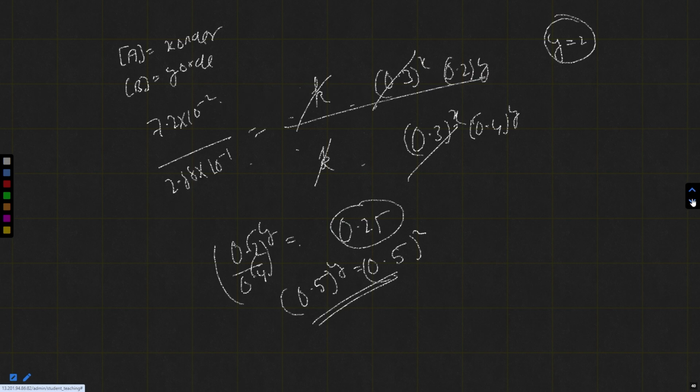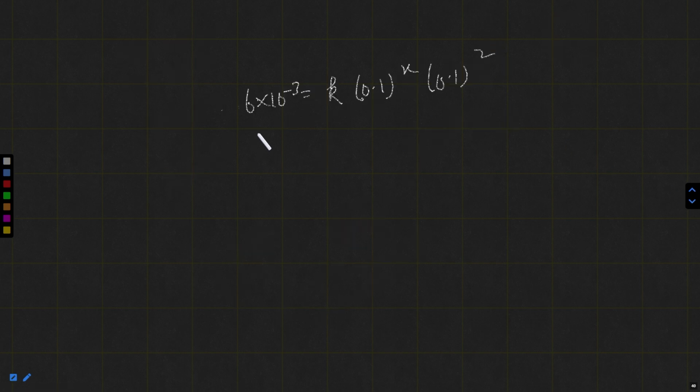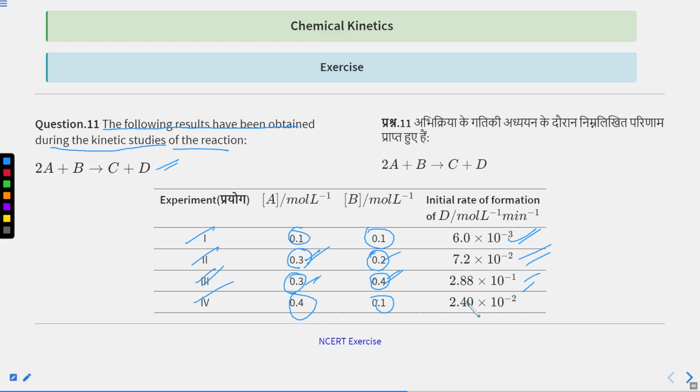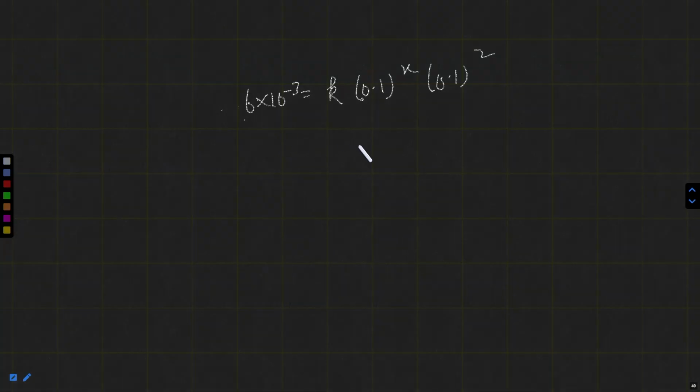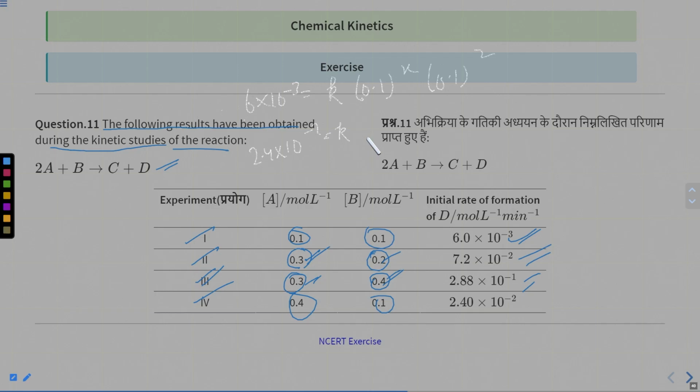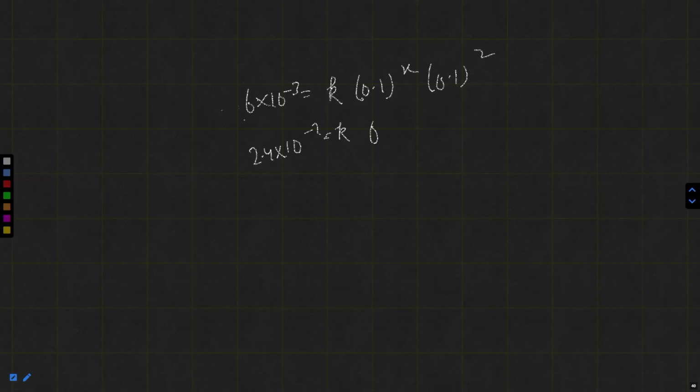The y value is evaluated, it is 2. For the fourth, it is 2.4 into 10 to the power minus 2, equals K times 0.4 to the power x and 0.1 to the power y.